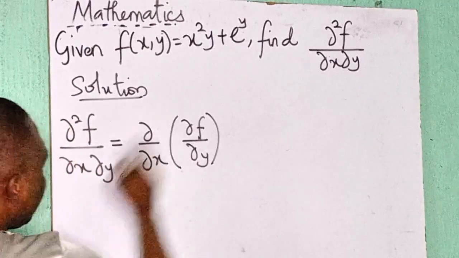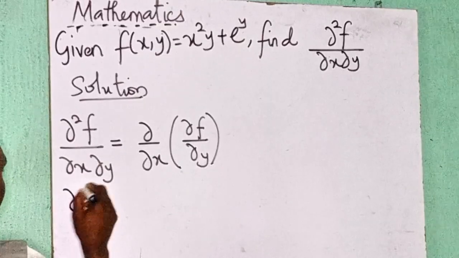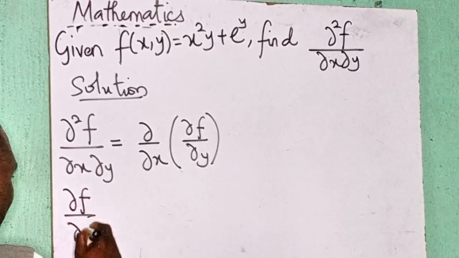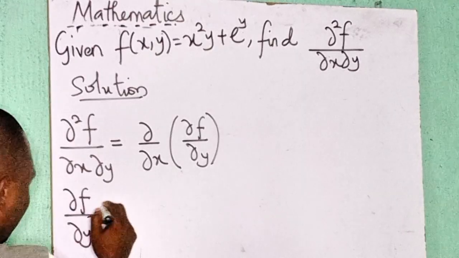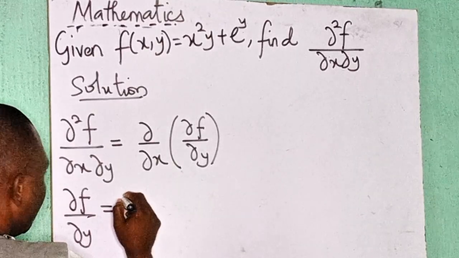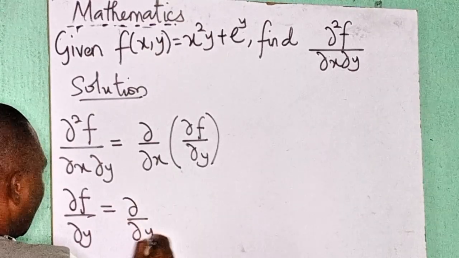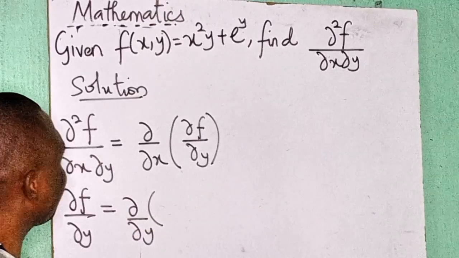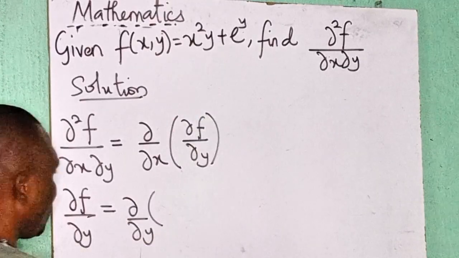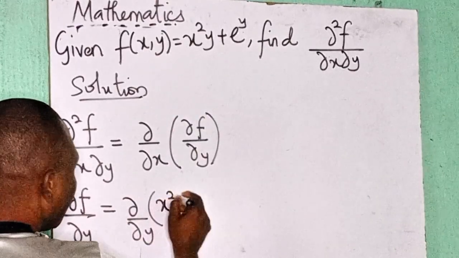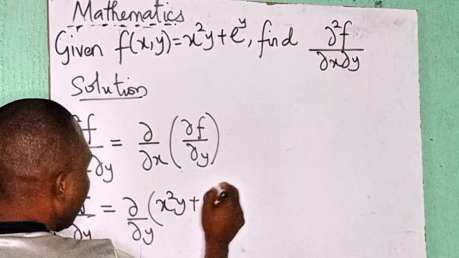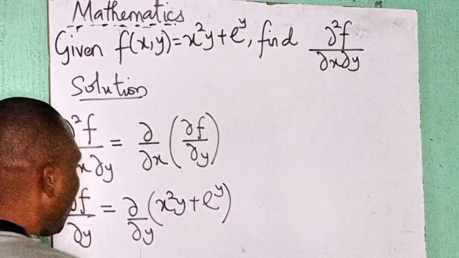Now from here this is equal to, our f, which is the function, is x squared y plus the exponential raised to the power of y.